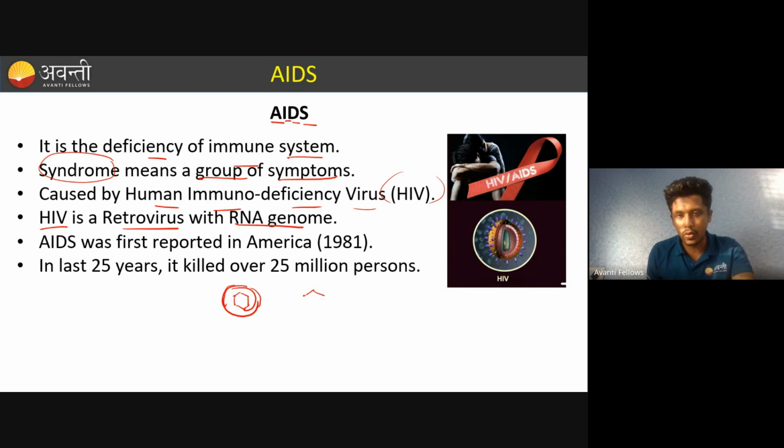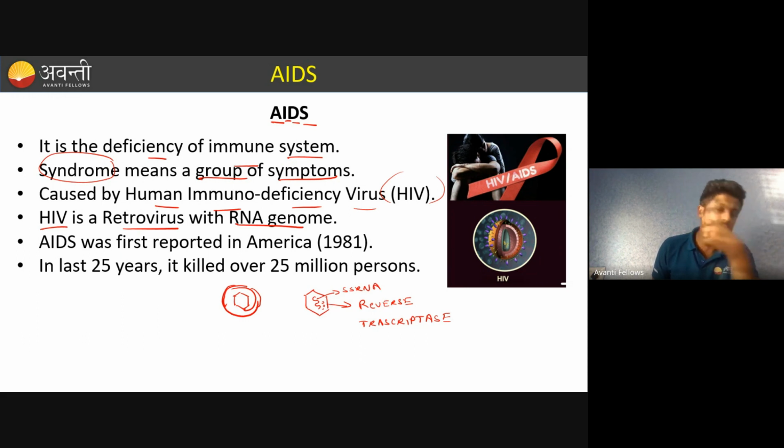Within this capsid we have a single stranded RNA and some proteins such as reverse transcriptase, and many other factors which enable this virus to survive within the host. How it infects, I will tell you exactly, the process of infection and the life cycle of HIV.